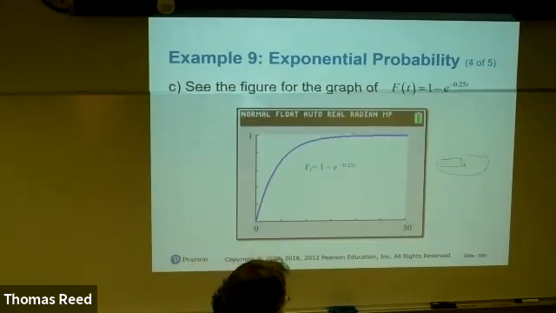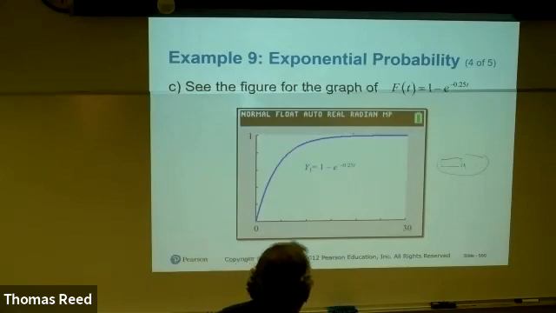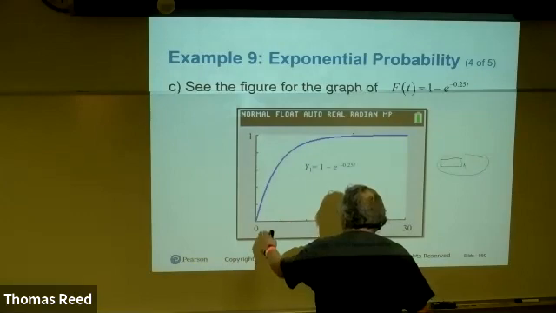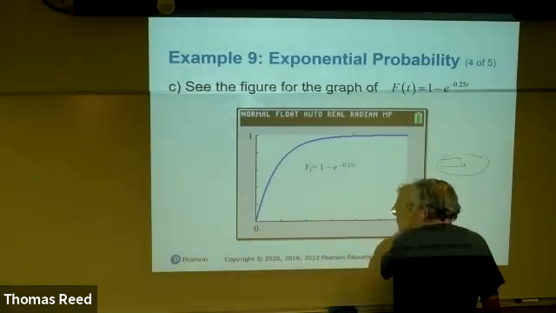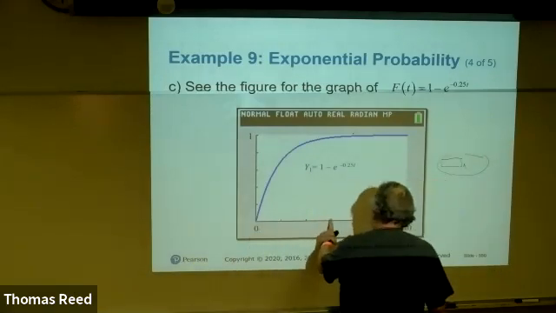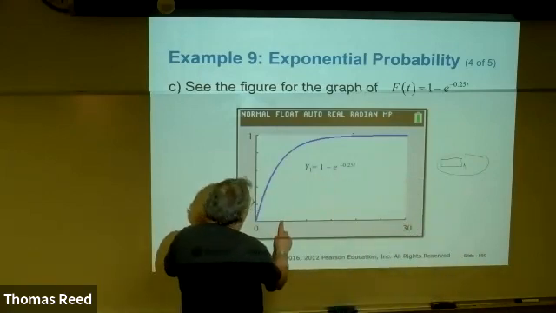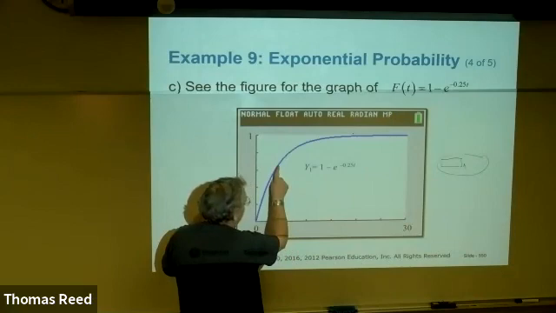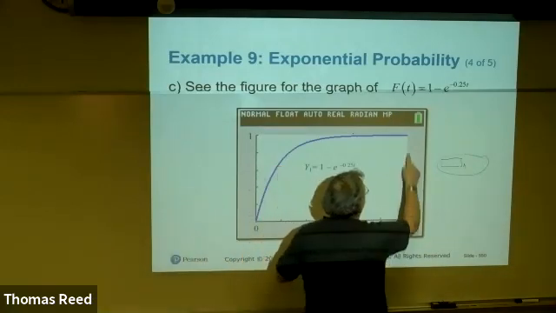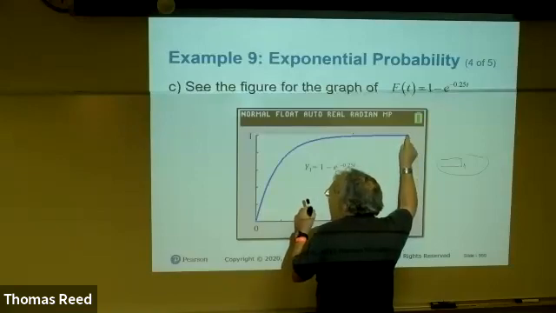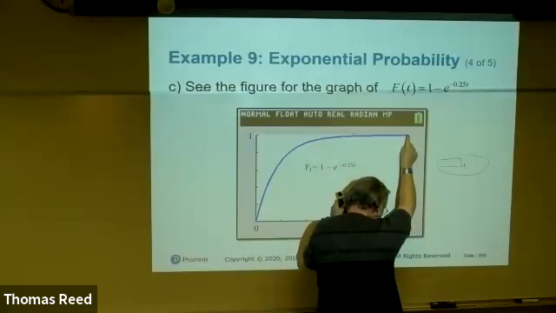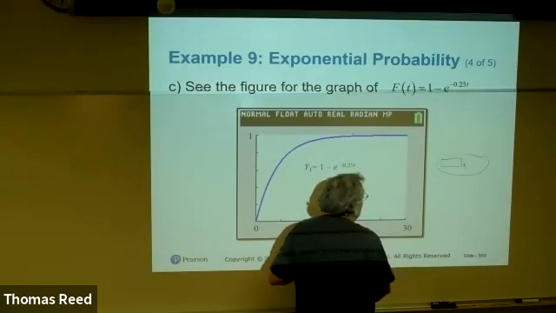Now the graph, you just plug it into the graph, so from 0 to 30. At 5 minutes, we were at this point here, and at 30 minutes, we're so close to 1, it is almost 100%, but it isn't.